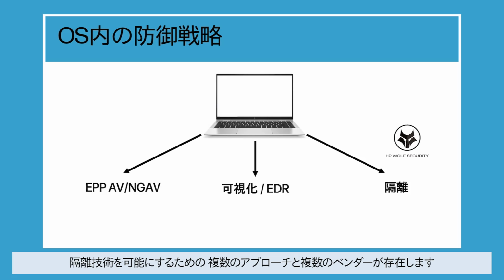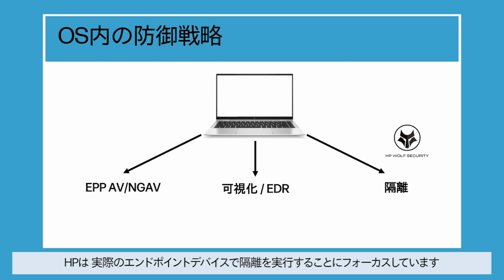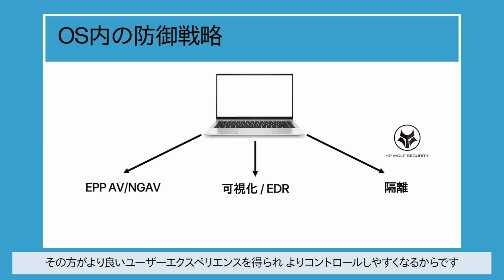There's multiple approaches and multiple vendors in this space for allowing isolation technology. You can run the isolation container, for instance, in the cloud and use a remote browser to connect to it. Here at HP, we focus on running the isolation on the actual endpoint device itself because you get a much better user experience and it allows you to have more control.